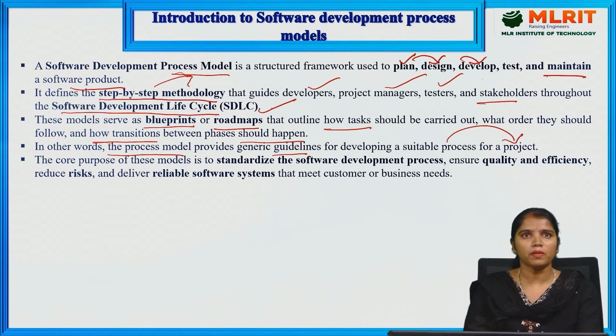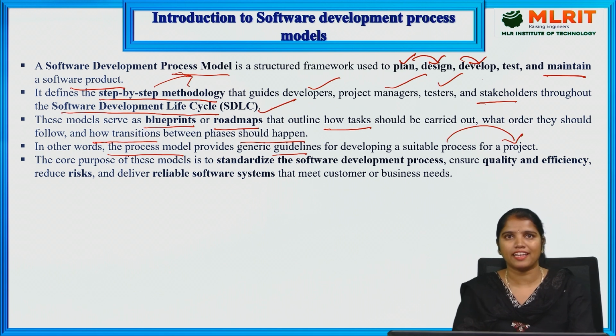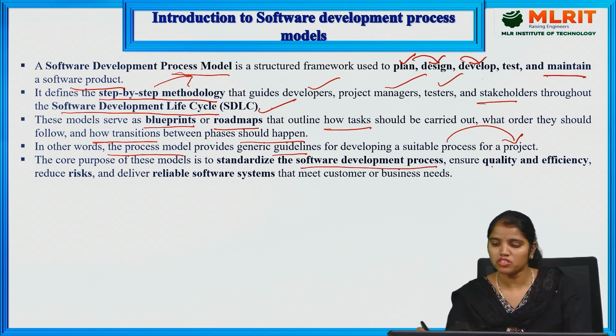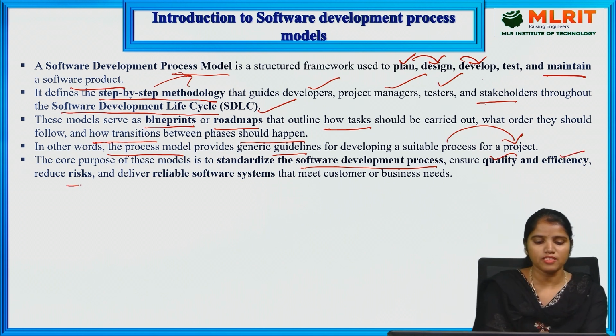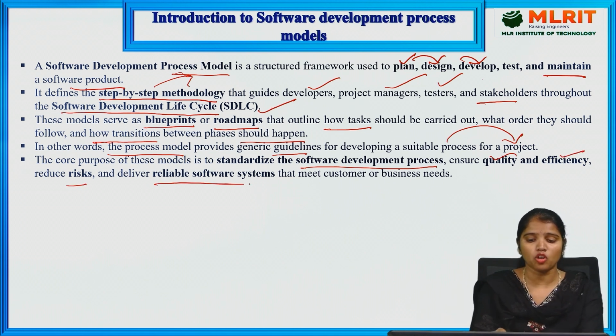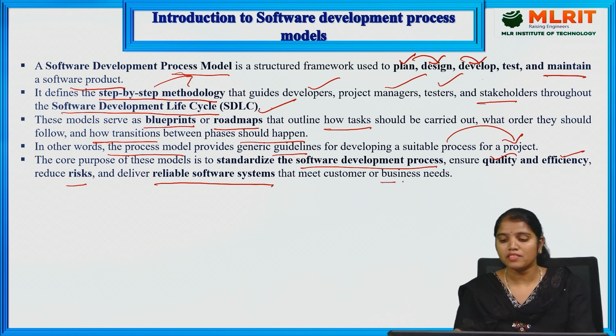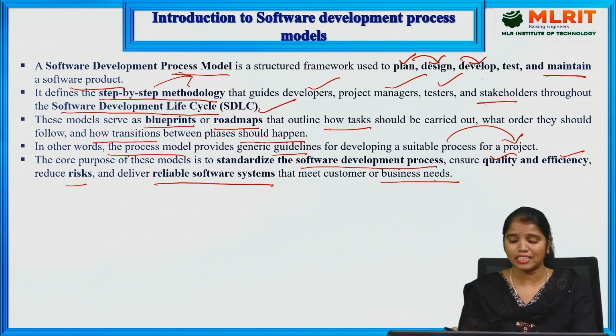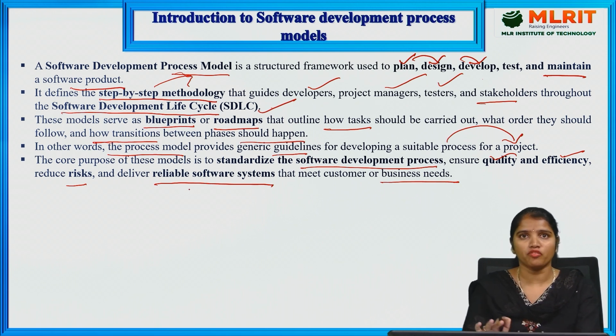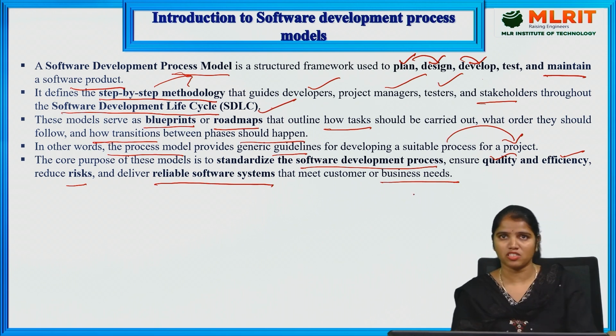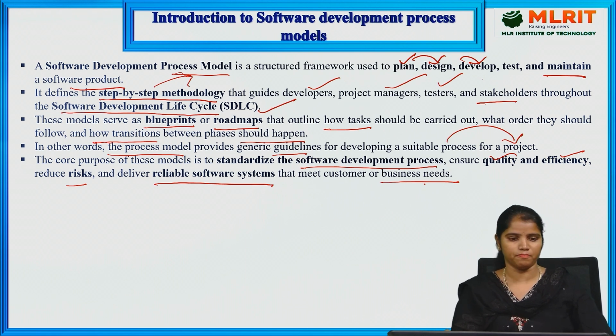The core purpose of this model is to standardize the software development process. It ensures quality and efficiency, reduces the risk and delivers reliable software systems that meet customer or business needs.